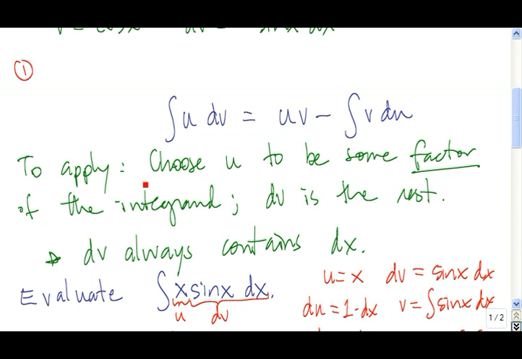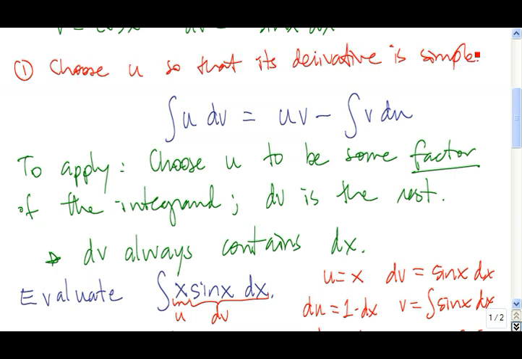One is you want u to have a simple derivative. And at the same time, we have to integrate dv to find v. So while you'd like u to have a simple derivative, we also have to be mindful of the fact that dv needs to be something we can integrate.